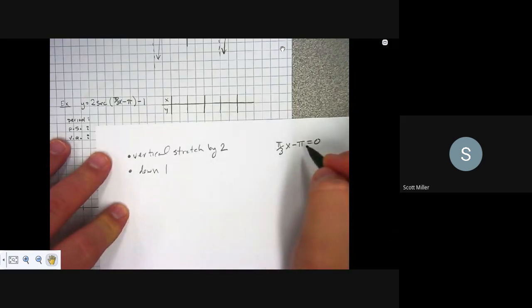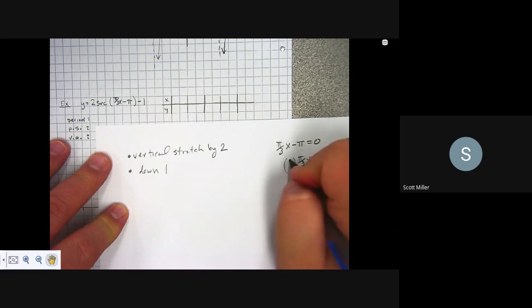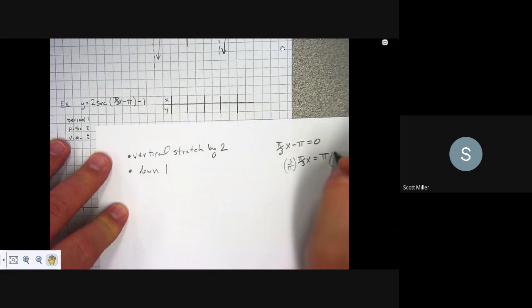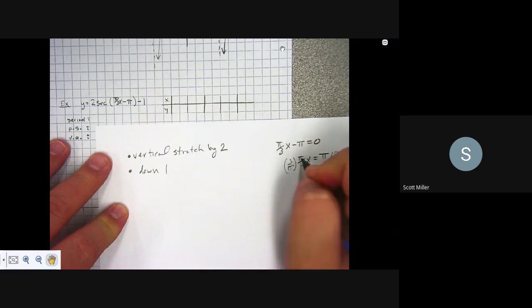Solve this. Move the pi, gives me pi over 3x equals pi. Then I'm going to divide by this number, and what I end up with, this all drops out, x equals 3.